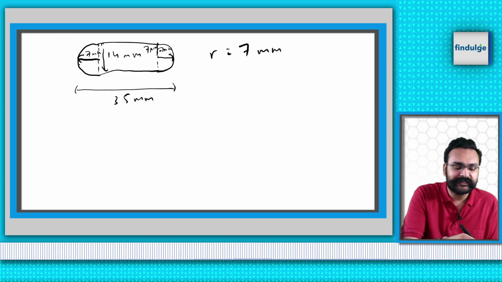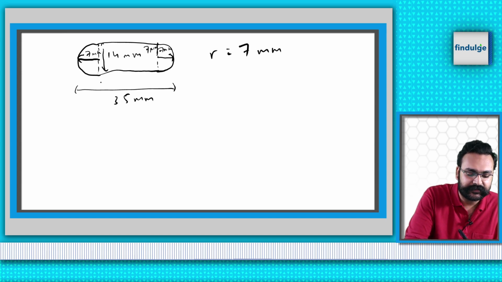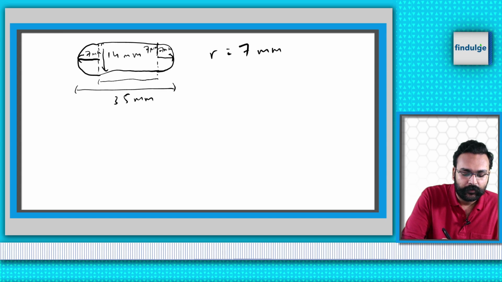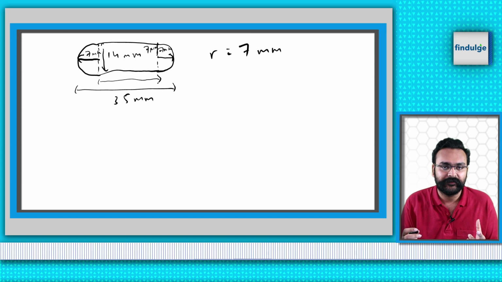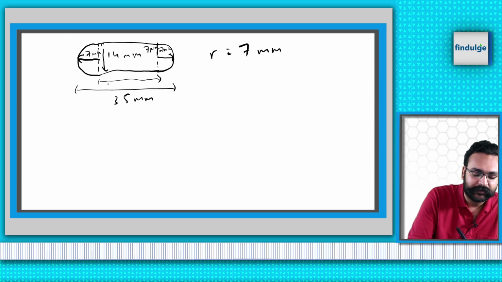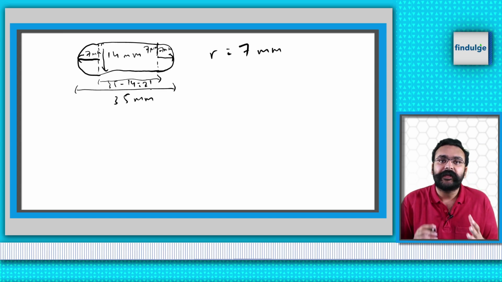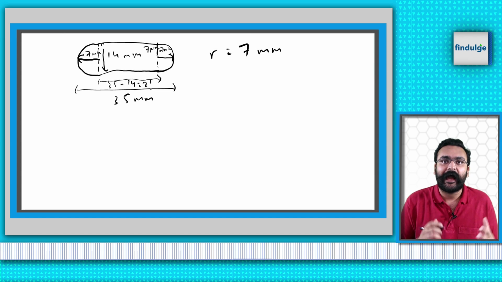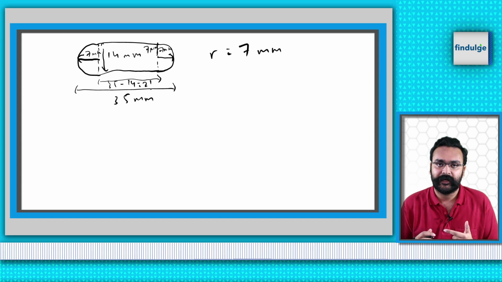And so if this distance is 7, this distance is 7, this distance, which we are taking because it will represent the height of the cylinder, will be nothing but 35 minus 7 minus 7 or 35 minus 14 equal to 21. And now that I have all my dimensions, I will appropriately calculate the volume and the surface area.